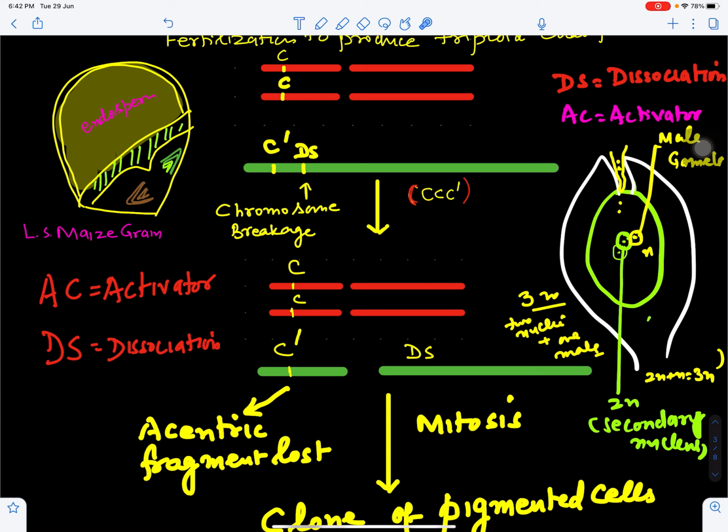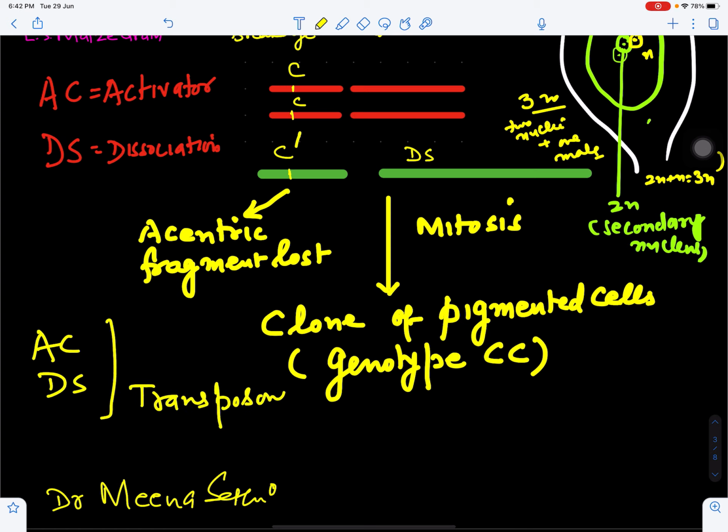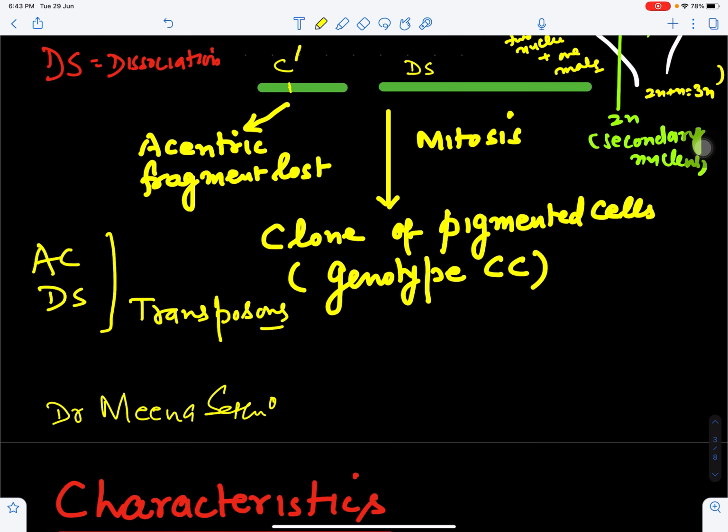But when it is dissociated and lost, the endosperm will be colored in nature. This becomes purple, this may be red. So it is the AC and DS factors which are responsible for loss of this fragment. AC and DS are called transposons. They can get integrated anywhere in the genome, so they are called transposons, and due to them we are getting the colored grains in the maize plant.